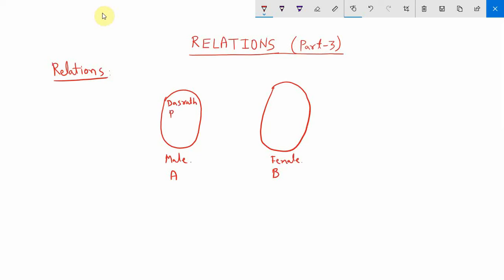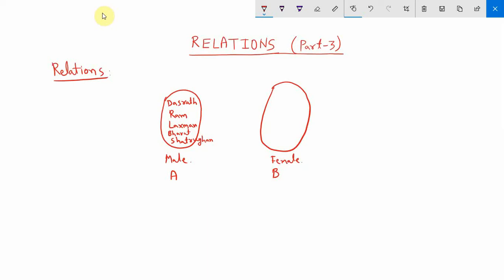If we write all the male member names, we can see Dashrath, Ram, Lakshman, Bharat and Shatrughan. You may take some larger size so that it will come inside the Venn diagram.